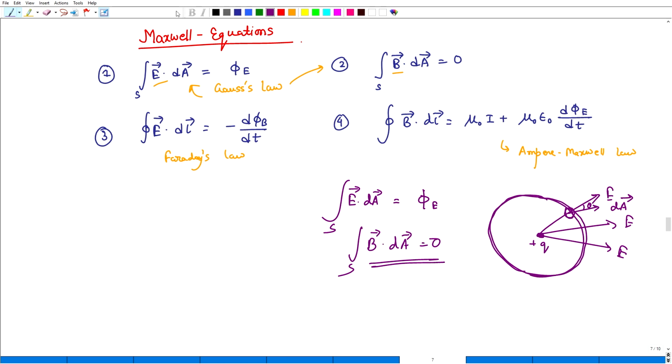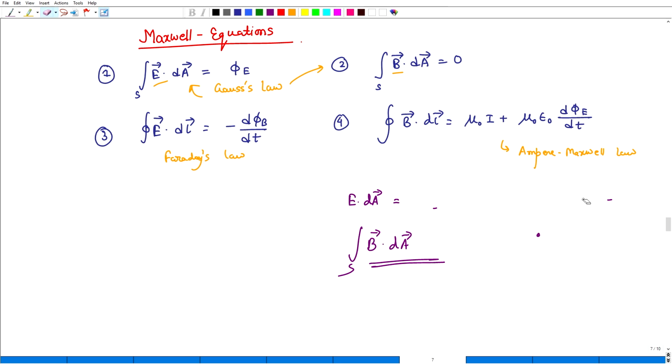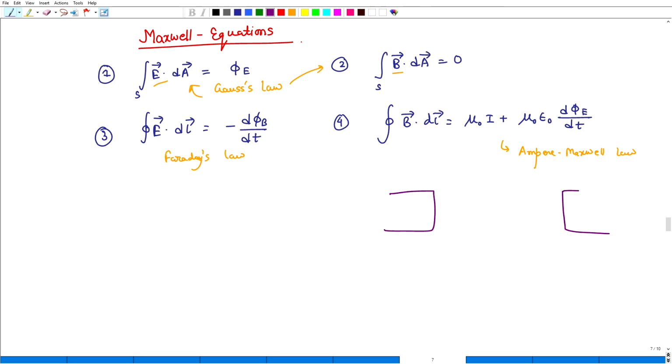Now the Faraday's law. What is the meaning of Faraday's law? If we consider a magnetic field, let's say a magnet with north and south poles, then there will be a magnetic field and also a magnetic flux.